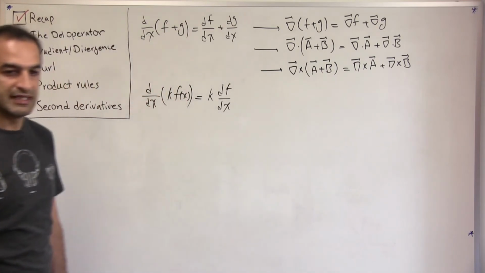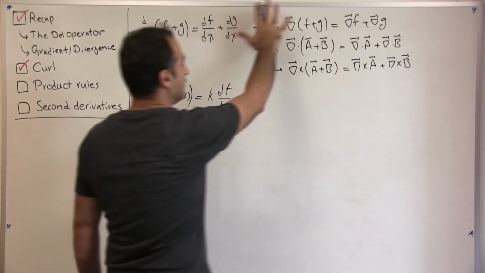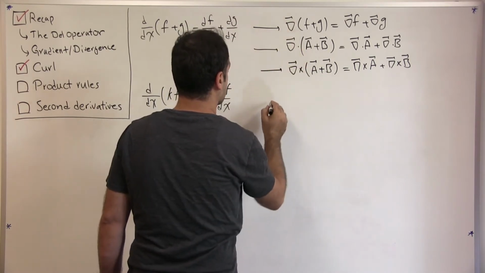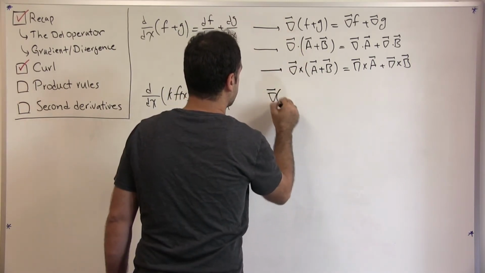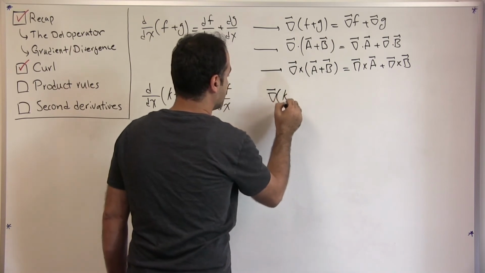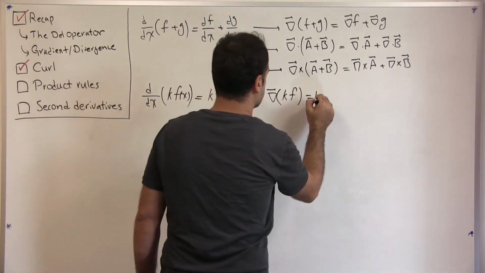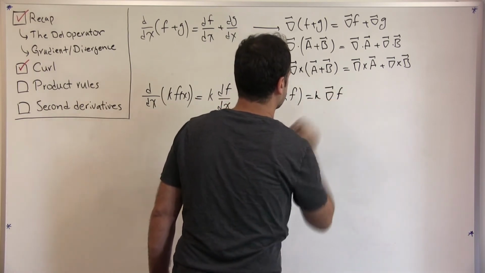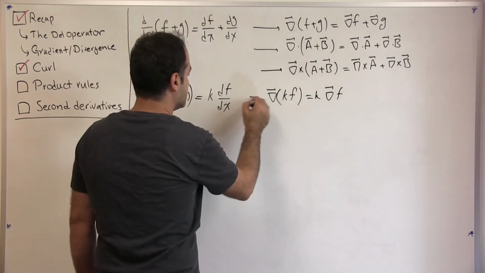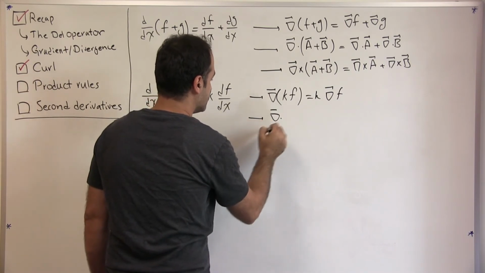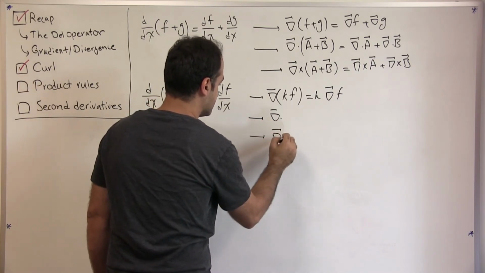Okay, the same thing happens for gradient, divergence, and curl. So if you are taking the gradient of a function multiplied by a constant, this is equal to k times gradient of f. This is for gradient. The same thing goes for divergence and also curl.